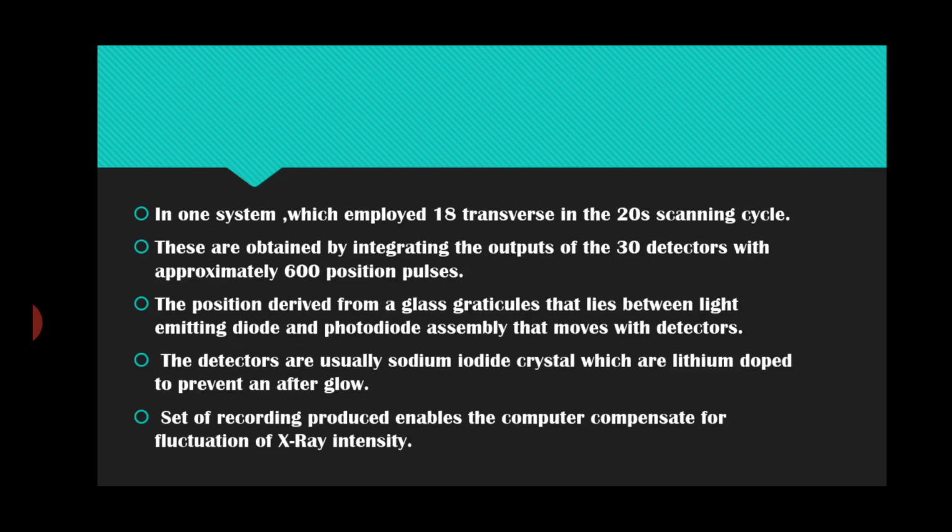In one system which employs 18 traverses in 20 scanning cycles, these are obtained by integrating the output of 30 detectors with approximately 600 position pulses. The position is derived from the glass graticules that lie between a light emitting diode and photodiode assembly that moves with the detectors.